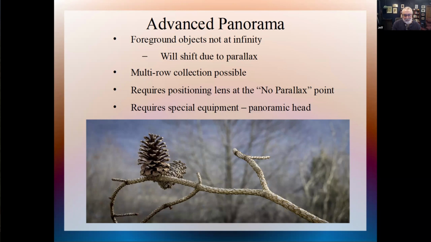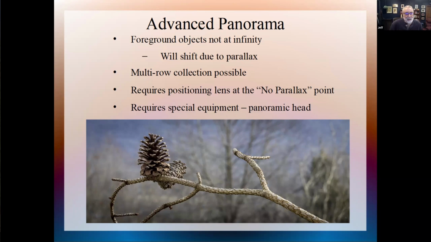If you tilt it up and move it left to right or right to left, and you're not over that no parallax point, you get the traditional mustache or grin or frown type of image, because the camera is rotating through an arc as you swing it back and forth.